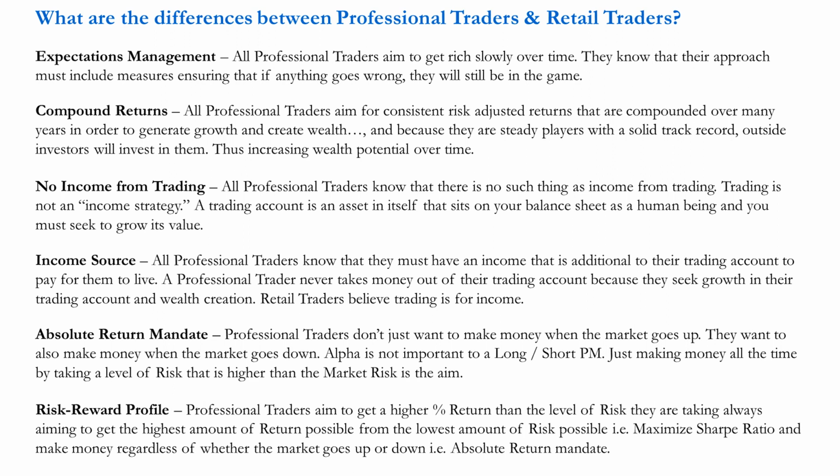Retail traders, for whatever reason, and it's obviously to do with the misinformation, believe that a trading account is for income. Professional traders do not. Now, we've added a few additional differences, seeing as though we've now been through the entire IPLT video series, and you can understand what it actually means, okay?